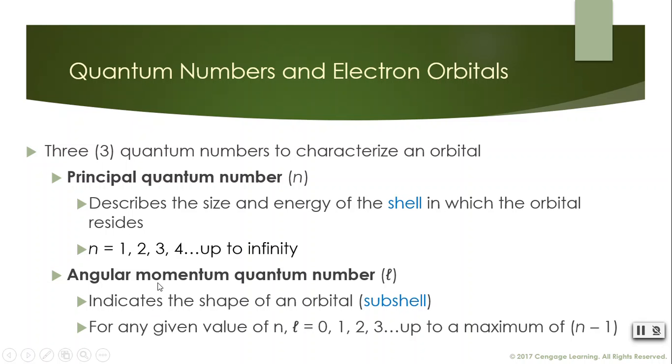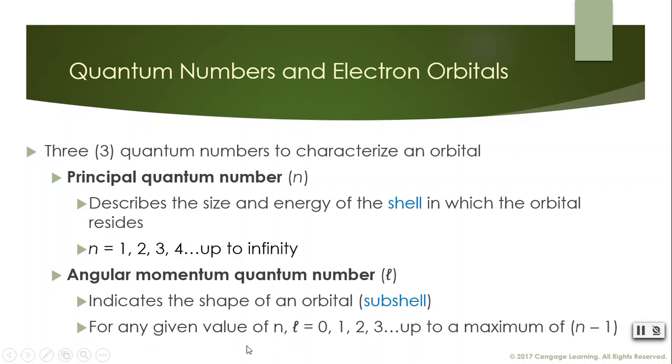It is going to be related to the letter of the orbital that is assigned. We will talk about letters of orbitals in another video. For right now, you should know the definition of the angular momentum quantum number and know that the values that L can have are dictated by the associated value of n.